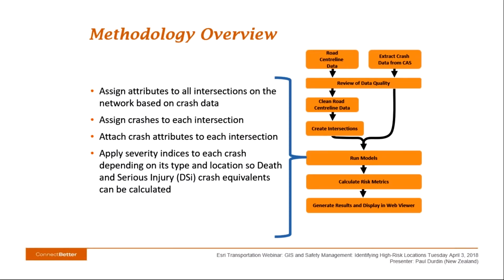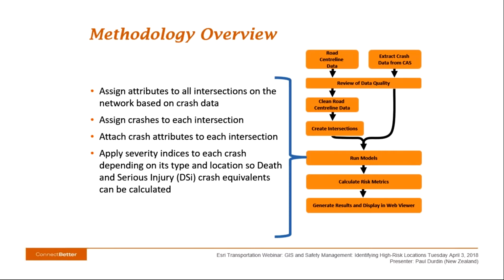So the methodology involves starting with the road centerline and extracting crash data. In this slide it says from CAS, that's in New Zealand, the Crash Analysis System, and I realise that in the United States there are different crash databases for every state authority. Then we review the data quality, do a bit of cleaning, create the intersections, and we run a series of models that are built in Model Builder.